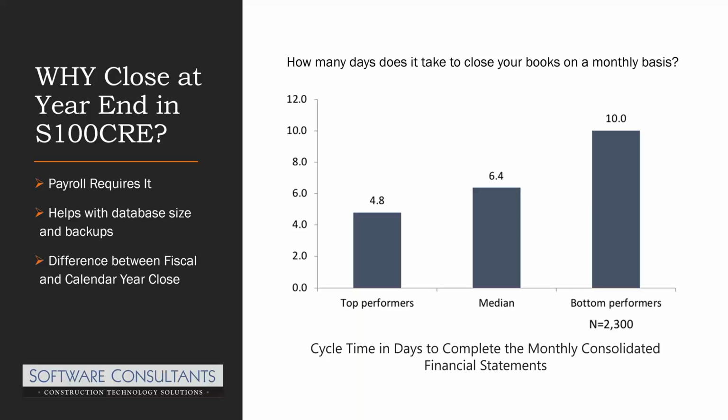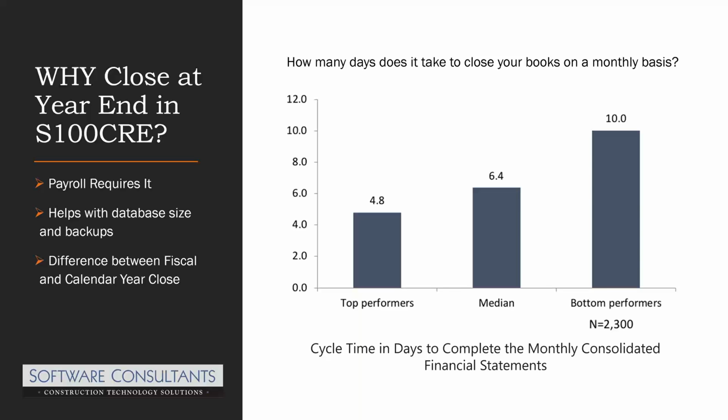But I thought it was really interesting that Google said that for most companies, it took 10 days, which I don't really think 10 days is unreasonable as an accountant. If I were doing all the work myself, I feel like 10 days is pretty good. If I could get it done in 4.8 days, wow, I'm pretty awesome. So I thought this chart was pretty interesting, just to think about how many days it takes you to close your books on a monthly basis. So I thought that was interesting.